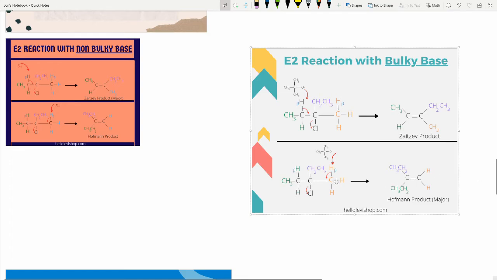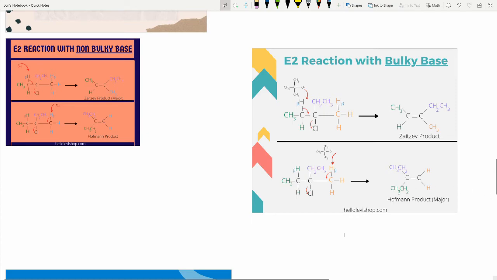Now in the bottom portion, we see the tert-butoxide, again the bulky strong base, abstracting the beta hydrogen to the right of the leaving group. The double bond forms, and then the leaving group leaves right here. This particular beta hydrogen is less sterically hindered due to only having one alkyl group around it, which would be the ethyl group right here.